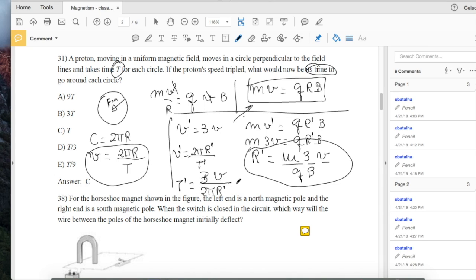And then you can write your new time is going to be 3v divided by 2 pi r prime, which is 3mv divided by qb. So cut. This is qb divided by 2 pi m.